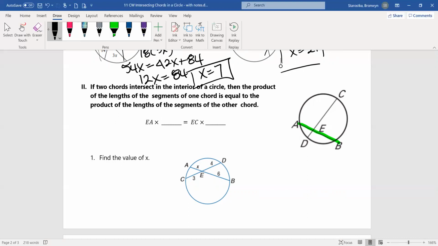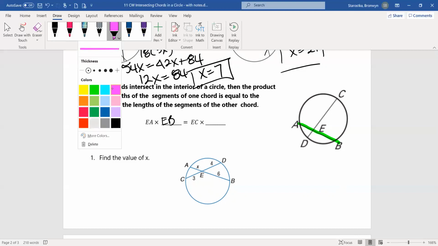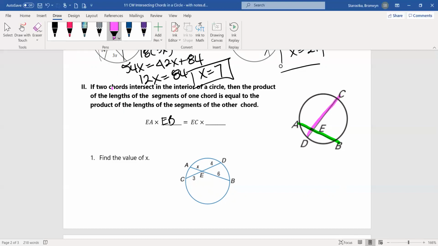So what this is saying is E times A, or EA times EB equals EC times ED.